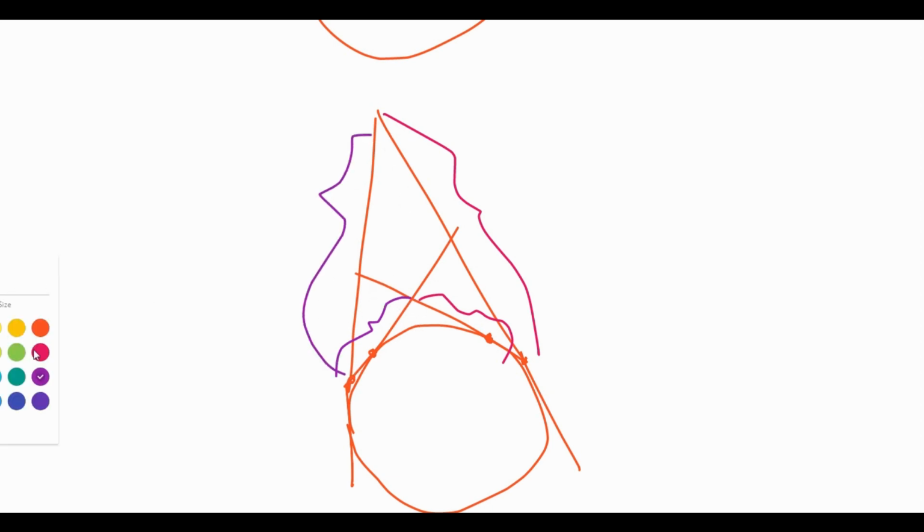The first thing we notice is that because we have these tangencies right here, this segment from here to here is equal to this segment from here to here, because they're both tangents from a point to omega. So since these two lengths are in the purple and the red sides respectively, we can cancel them out.